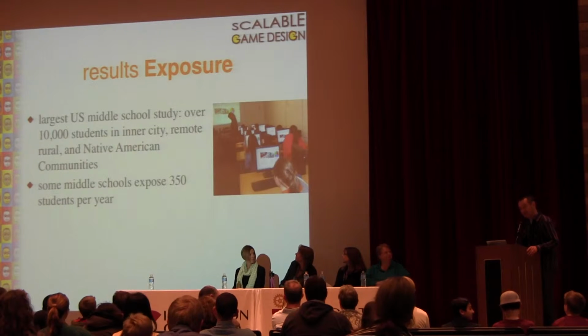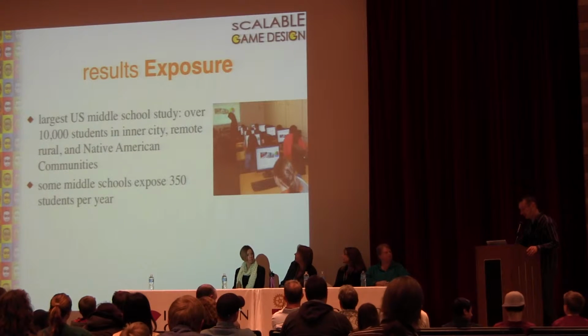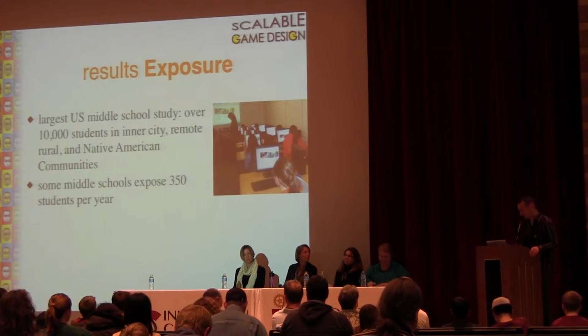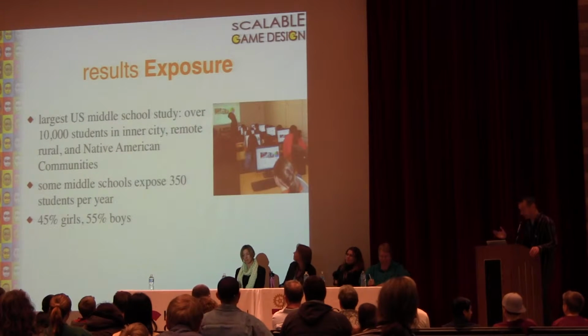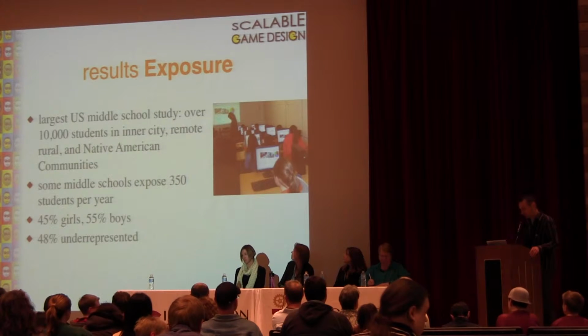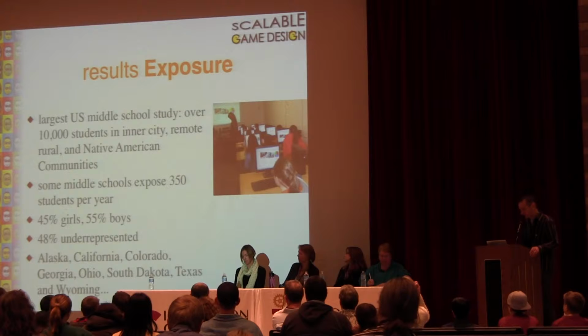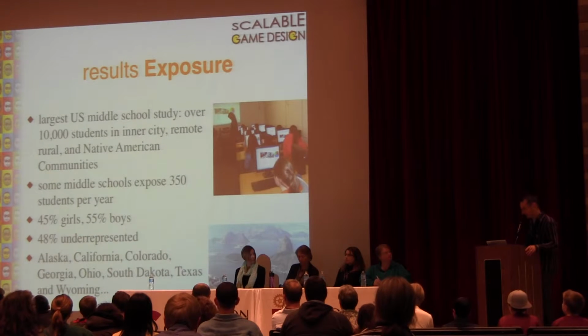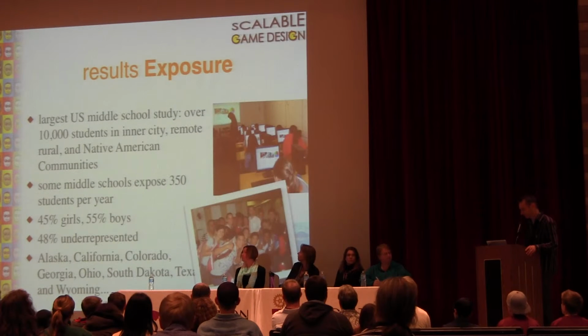But in some of these schools, we have 350 students per year per school. That's amazing. These are enormous numbers. And we have almost 50% girls, and we also have many students that are underrepresented. These are not the self-selected students. We have now exposure from north, south, east to west, and we have expanded to other countries. So for instance, here is Brazil.